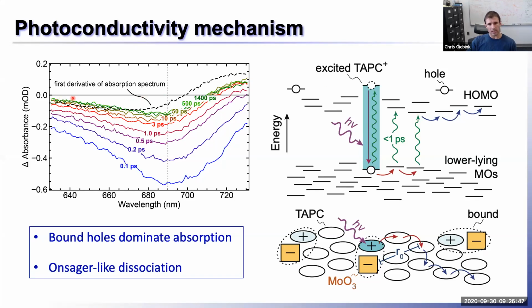But what's left in this transient absorption spectrum at long times, so nanoseconds and longer, is a first derivative line shape relative to the Polaron absorption, which is very reminiscent of what you expect for electroabsorption. And this kind of makes sense in this picture. When we come in with a photon and we kick off the hole, we've disturbed the equilibrium electrostatic field distribution.